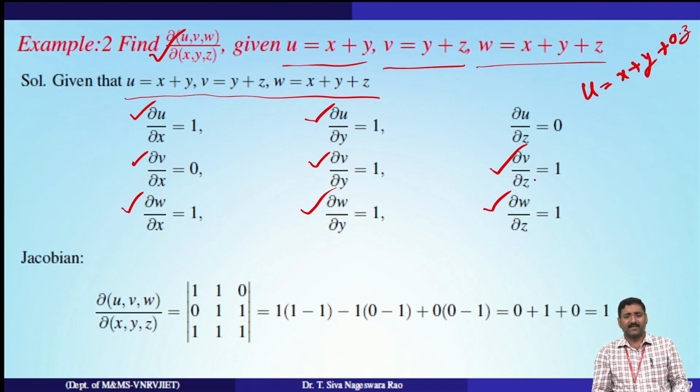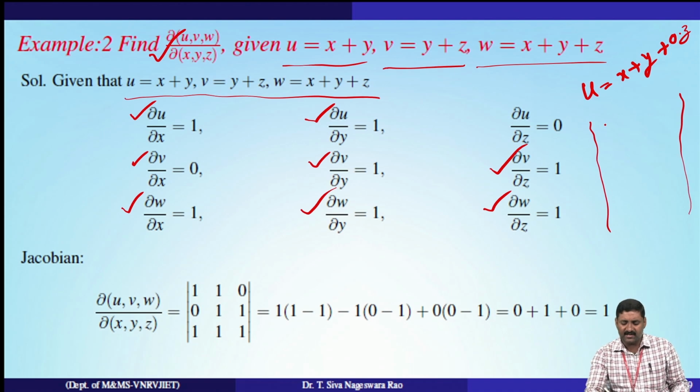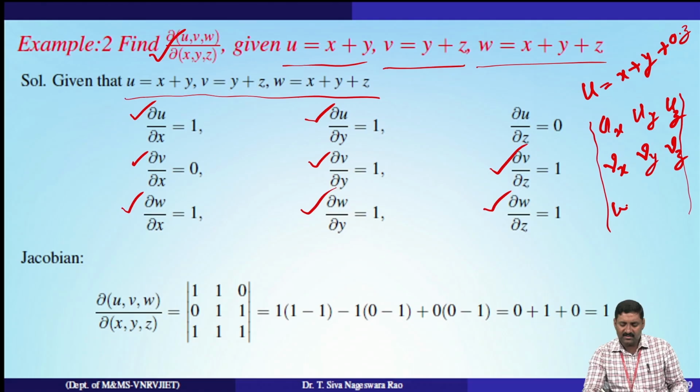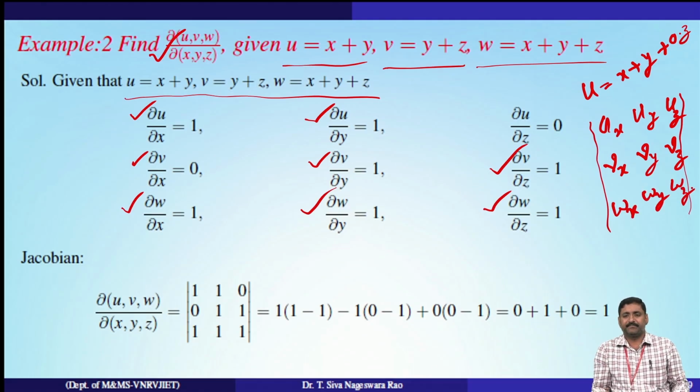Now we will substitute all these values into the Jacobian determinant. What is the Jacobian determinant? It is ux, uy, uz, that is the first row; vx, vy, vz, the second row; wx, wy, wz.